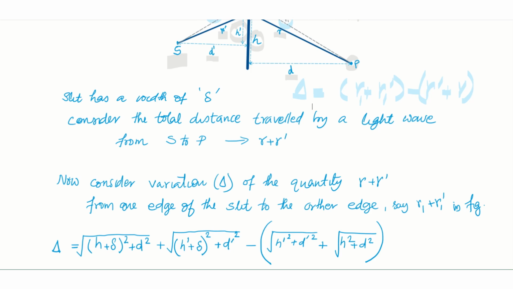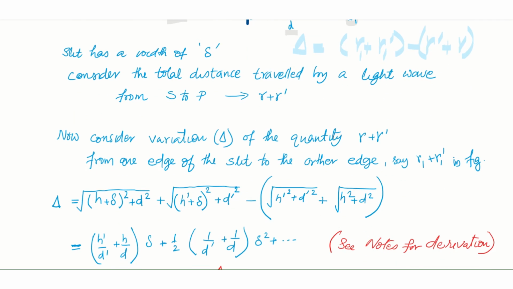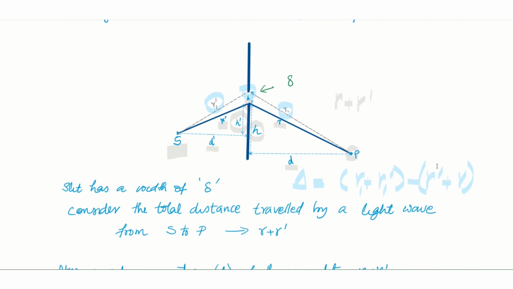Purely from the geometry, we can find expressions for r plus r prime and r1 plus r1 prime. You may consider the two triangles, this one here and the other one here, to find r and r prime.